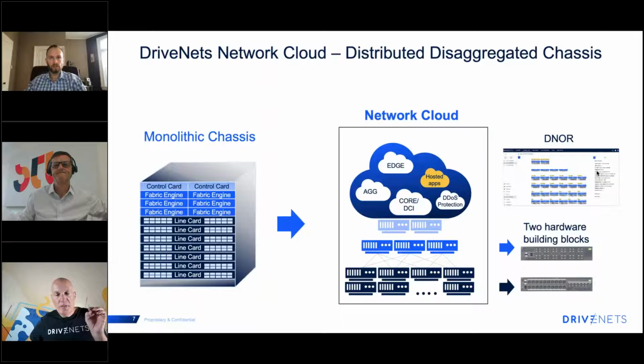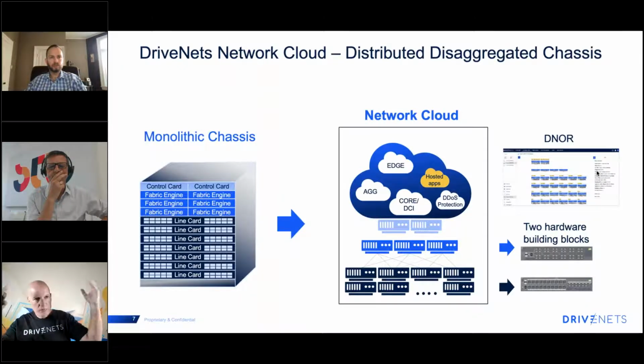So if we look a bit closer into what we do, we simply took the router, the monolithic chassis that had a line card, a fabric engine, a control card, and some kind of chassis with a backplane and power source, etc., and we broke it into pieces. So we have one white box, the NCP, the Network Cloud Packet Forwarder, that does the line card role.